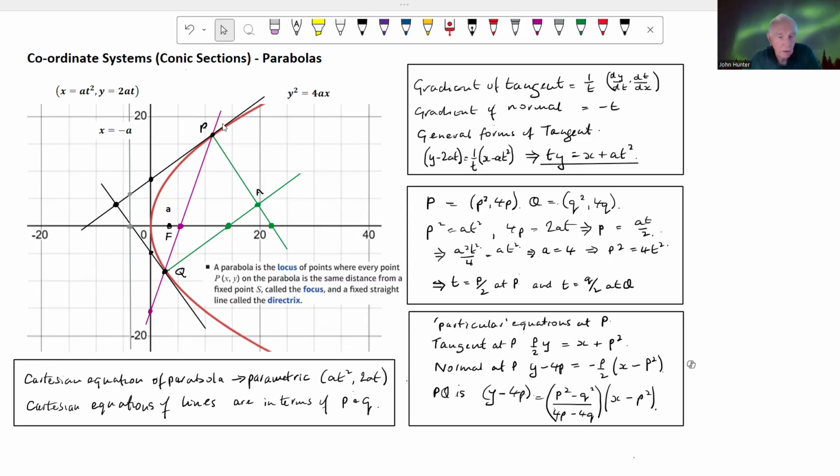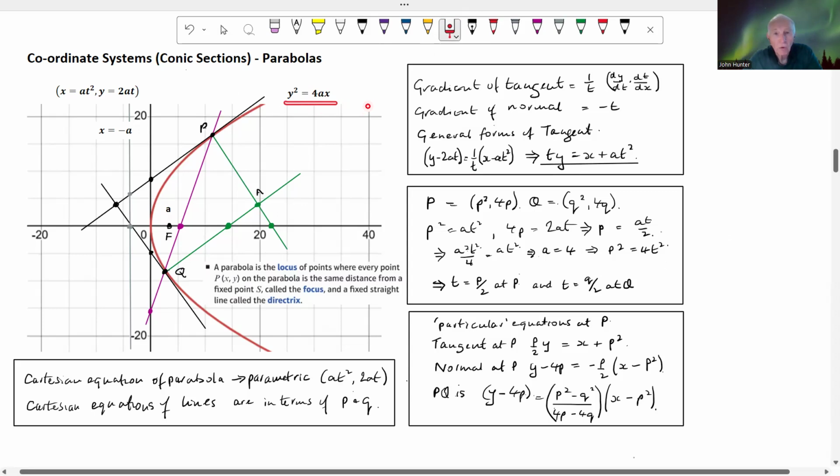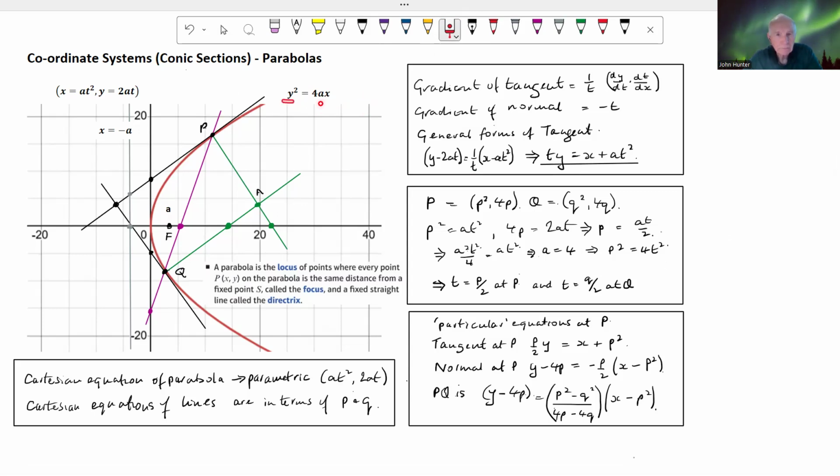So here we've got a parabola in red. Now we're often given the Cartesian equation for these in the form y squared equals 4ax. But this comes from a parametric equation.